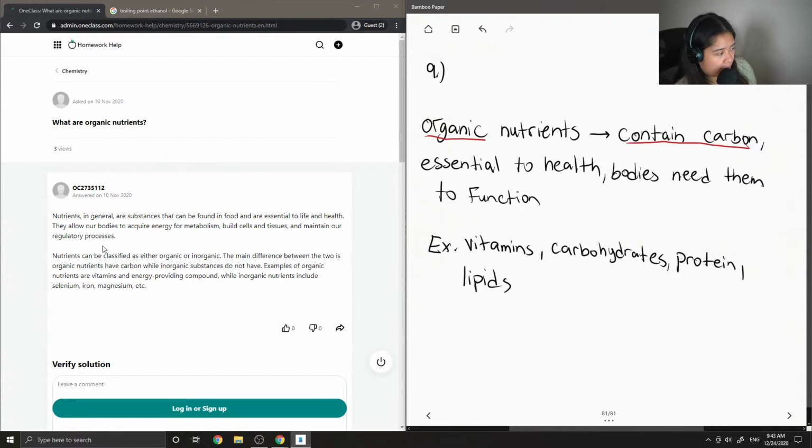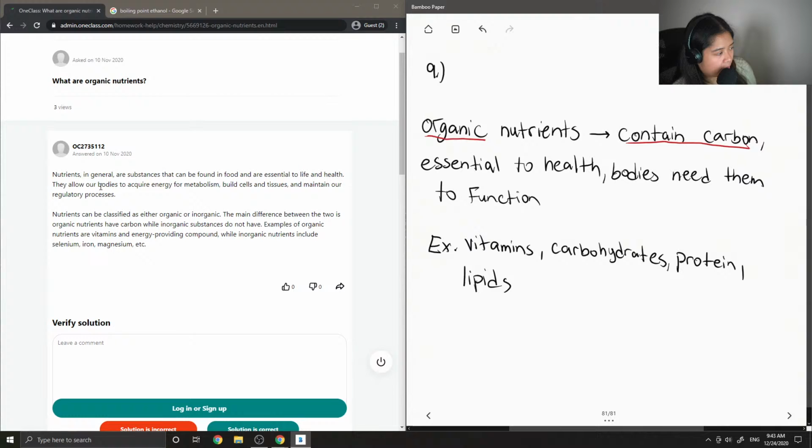Okay, so let's see what the junior tutor said. Nutrients in general are substances that can be found in food and are essential to life and health. They allow our bodies to acquire energy for metabolism, build cells and tissues, and maintain our regulatory processes.